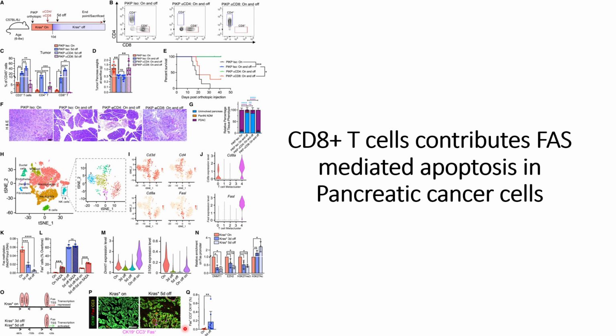There is a high amount of these FAS-positive and caspase 3 formations compared to when the KRAS mutations are on. So all these experimental results indicate that it's the CD8 plus cells that interact with the FAS receptors on the pancreatic tumor cells to trigger apoptosis.